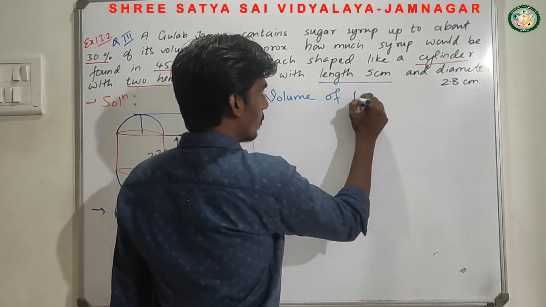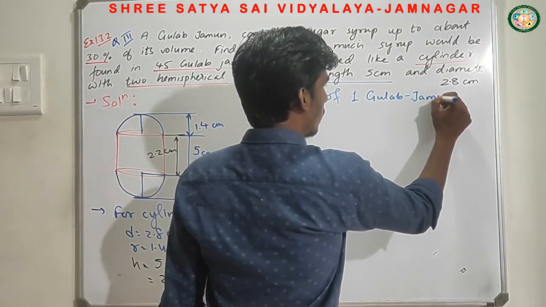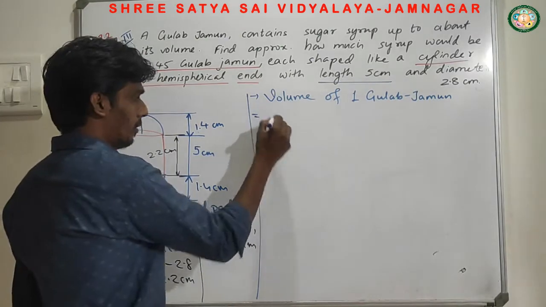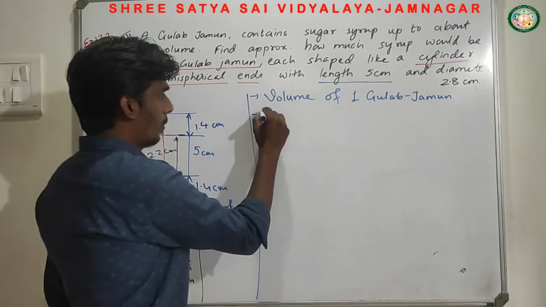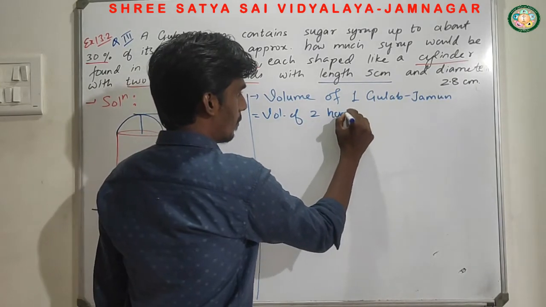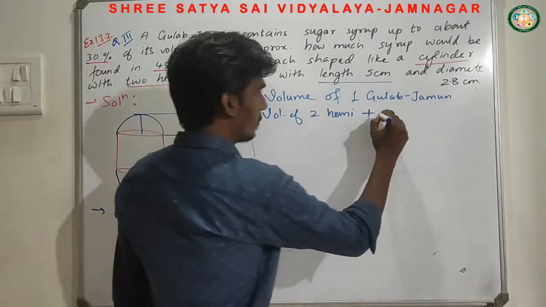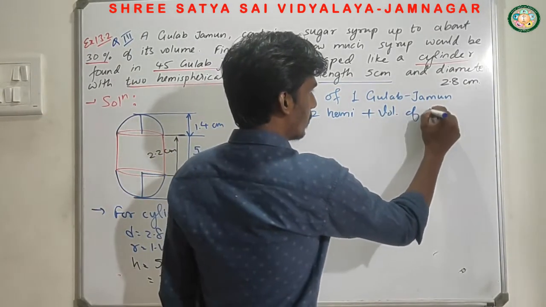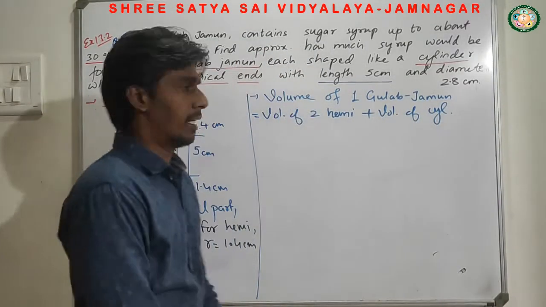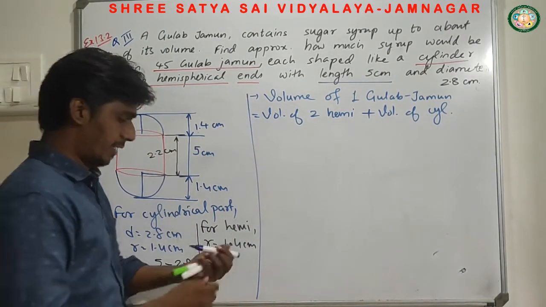Volume of one gulab jamun. So it consists of what? Two hemispheres and one cylinder. So volume of two hemispheres plus volume of cylinder.